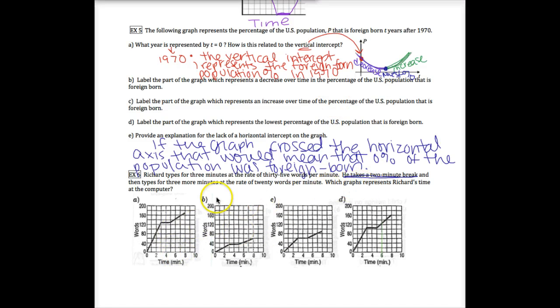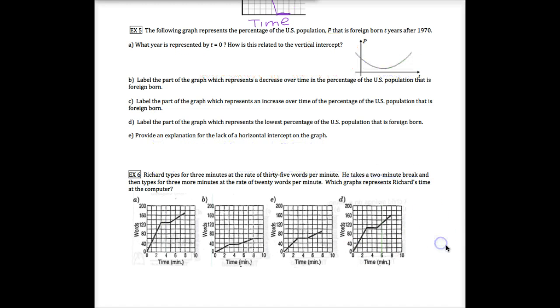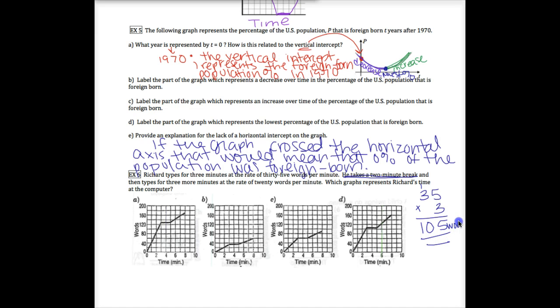So if he's typing for 3 minutes at 35 words per minute, so 35 words per minute times 3 minutes, that means at the end of 3 minutes, he should have gotten to 105 words. So I look at 3 minutes, which graph has 105 words? Well, this one has like more than 120, maybe 130-ish.